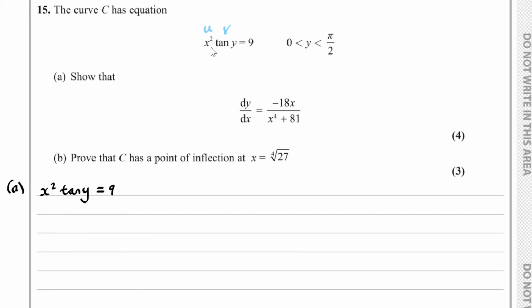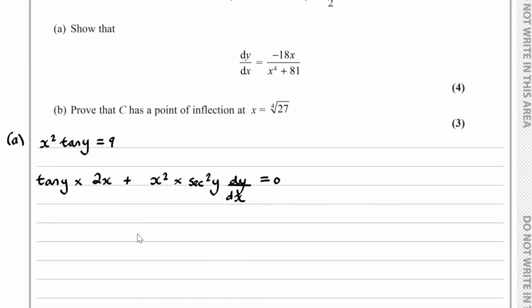We have v times u dash, so we have tan y multiplied by u dash, which is 2x, plus u, which is x squared, multiplied by v dash, differentiating tan y with respect to x, that would be sec squared y dy over dx. And differentiating 9, we end up at 0.